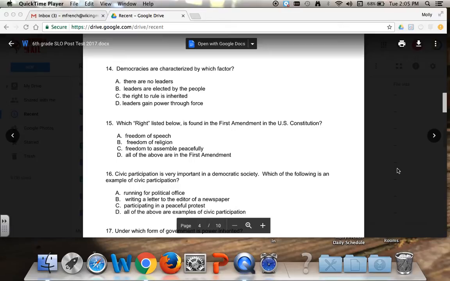Civic participation is very important in a democratic society. Which of the following is an example of civic participation? A. Running for political office. B. Writing a letter to the editor of a newspaper. C. Participating in a peaceful protest. Or D. All of the above are examples of civic participation.